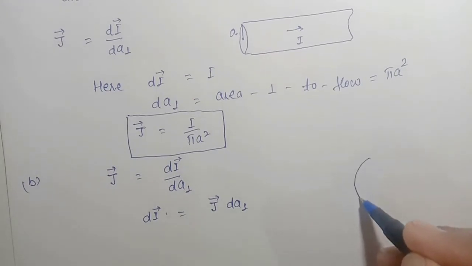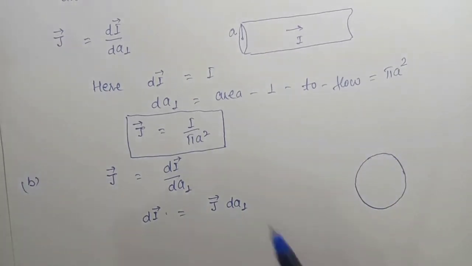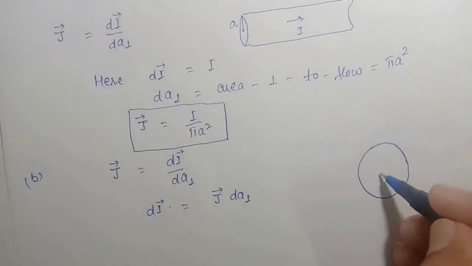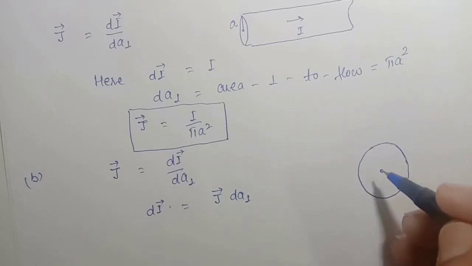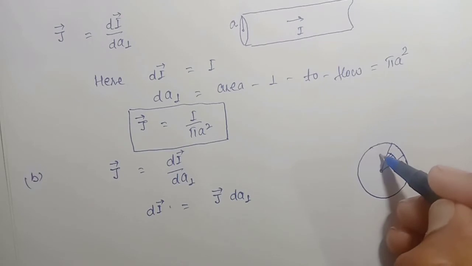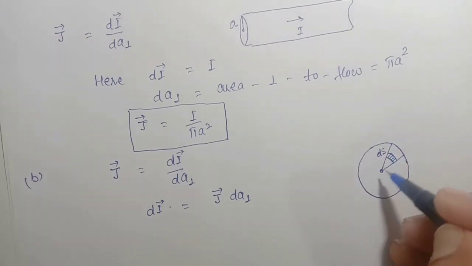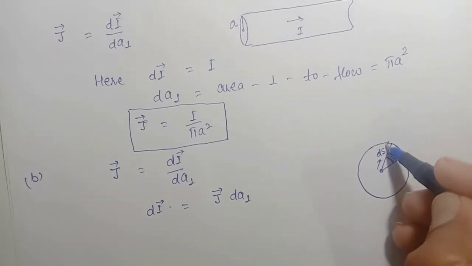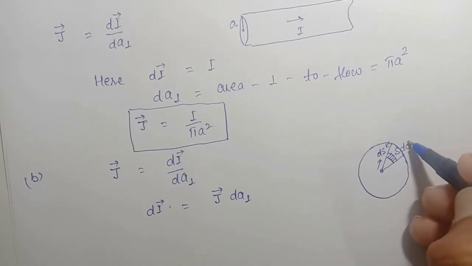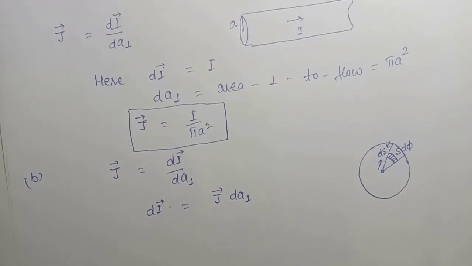Okay, so suppose this is the cross sectional portion of the wire, and suppose this is the center. This is a, and this shaded portion has a side ds, and the other side is s d phi, where phi is the angle.